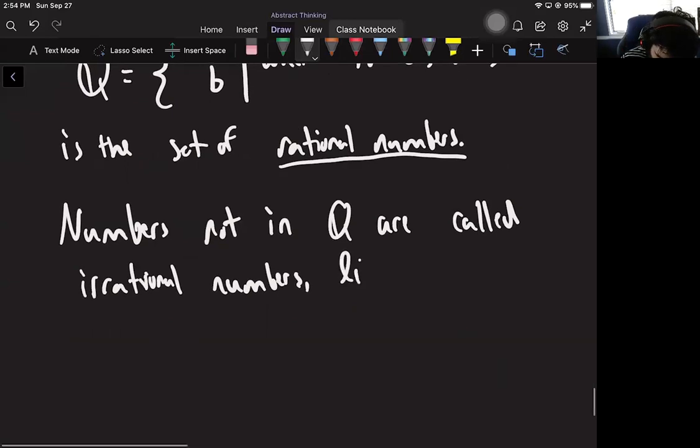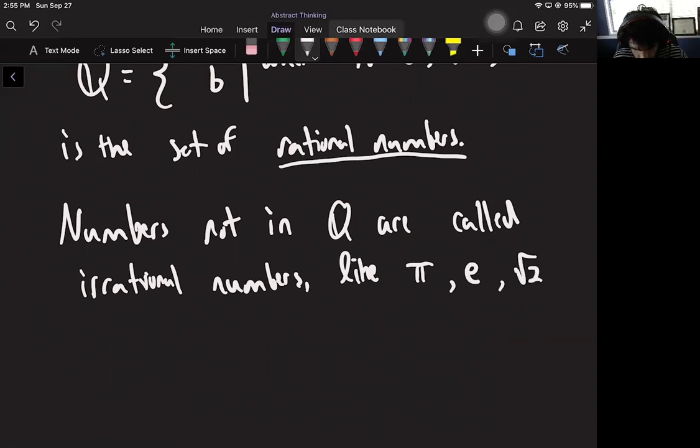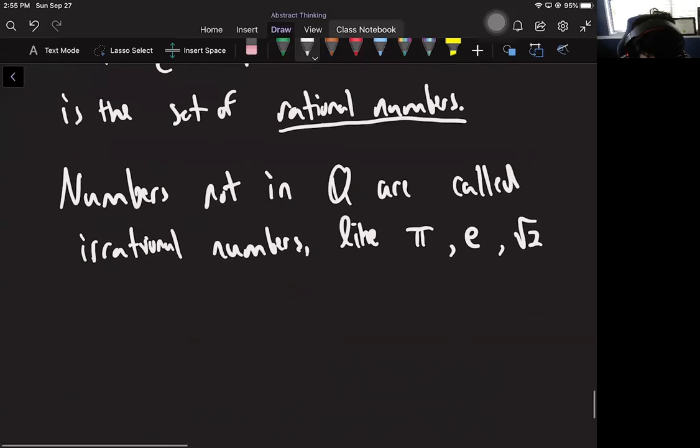Numbers like pi cannot be written as a fraction of 2 integers. Neither can e or square root of 2, which we've proven before. So lots of numbers like that are irrational numbers.